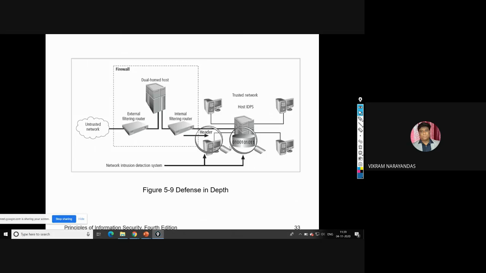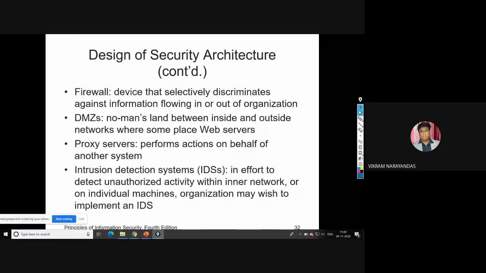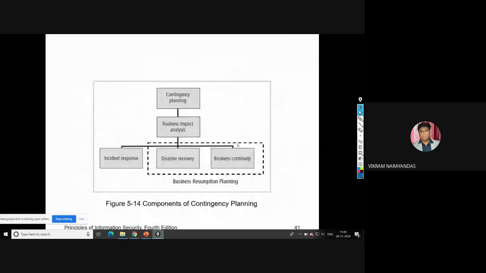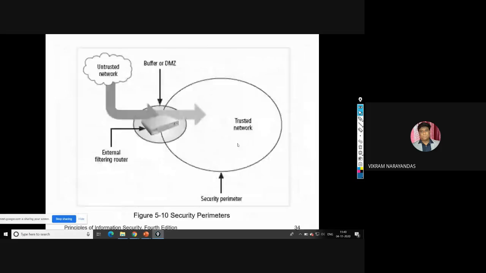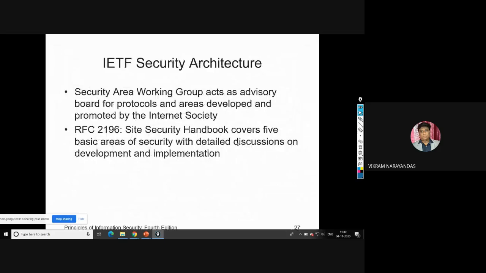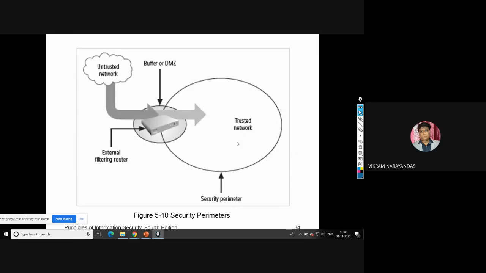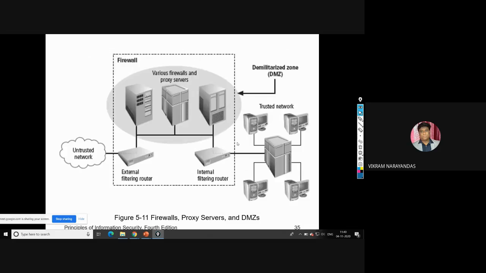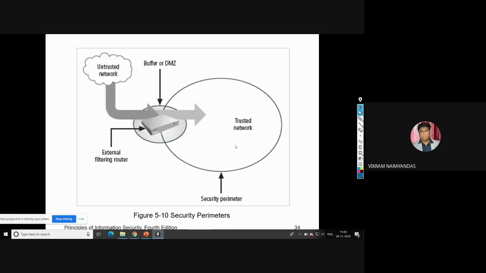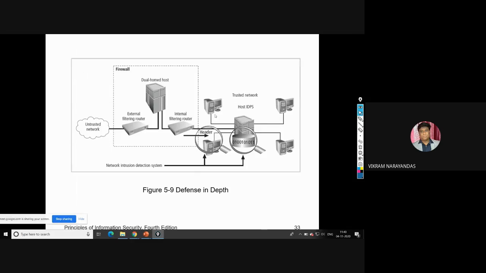So there are two types of IDS. It comes in two versions, I can say. One is the host-based IDS, that is, host-based intrusion detection system, and the other is the network-based intrusion detection system. IDS is nothing but intrusion detection system.